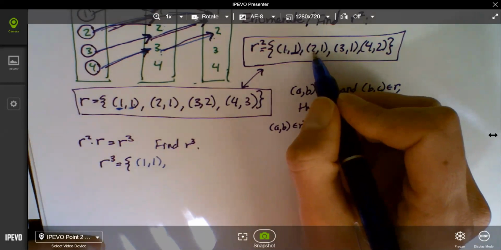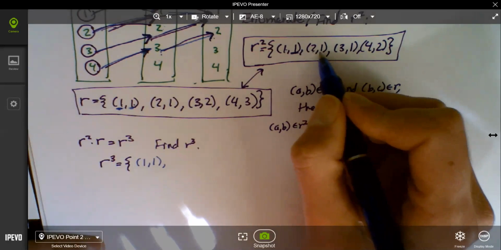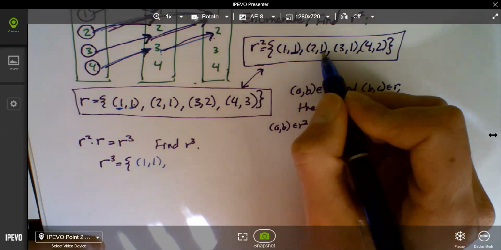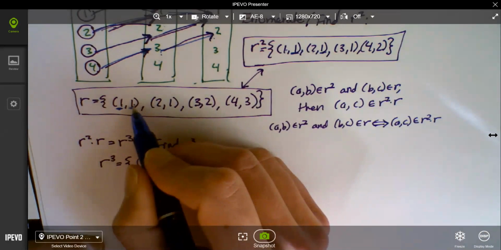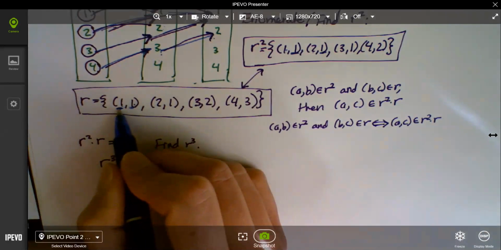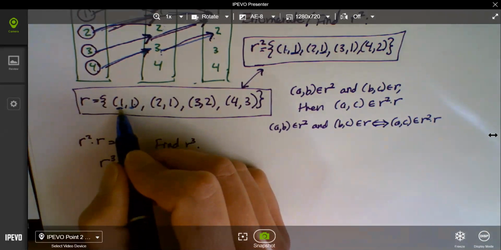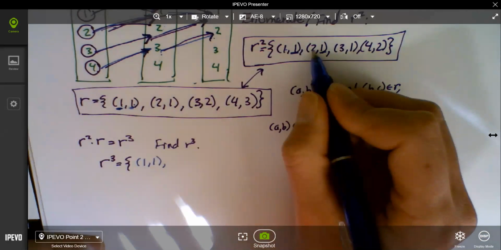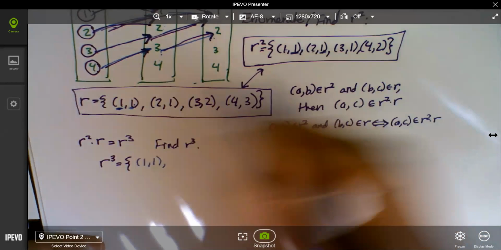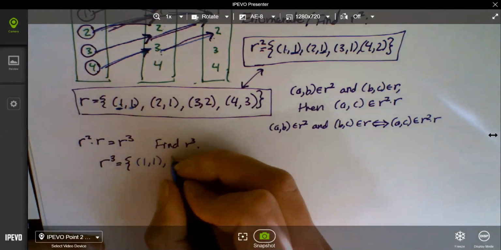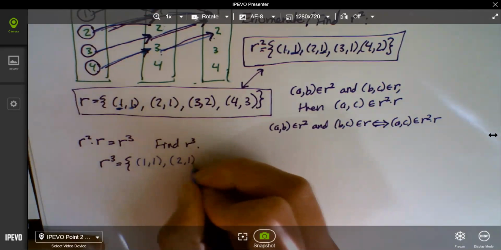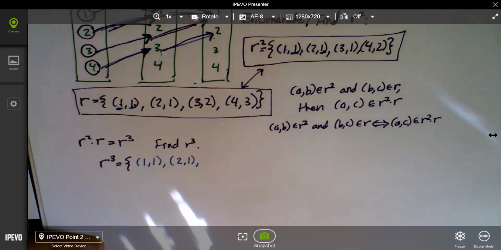Now we'll go to the second element in R squared, (2, 1). So 1 again is our second element in this ordered pair. I'm looking for an ordered pair in R such that the first element is a 1, and again that brings us back to (1, 1). So 2 goes to 1 in R squared, and 1 goes to 1 in R. Therefore, 2 goes to 1 in R cubed.